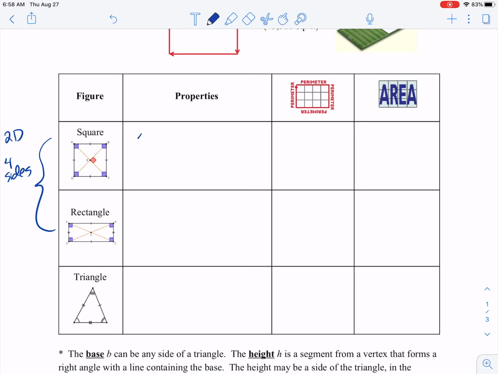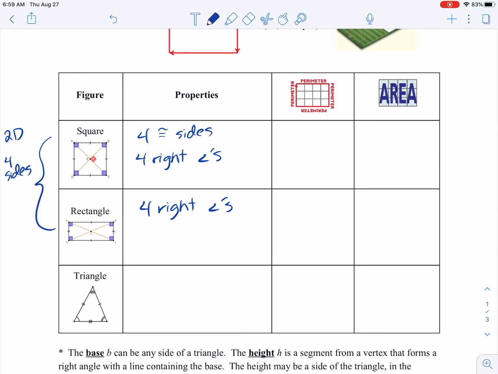A square has 4 congruent sides and 4 right angles, while a rectangle has 4 right angles and not 4 congruent sides, but 2 pairs, or we can just say opposite sides, are congruent.